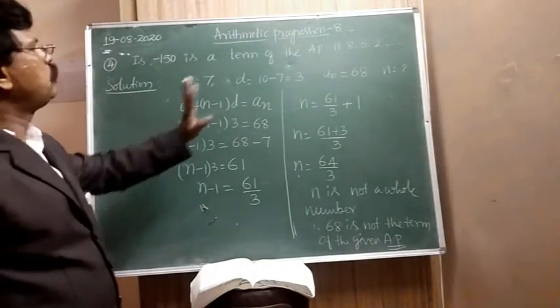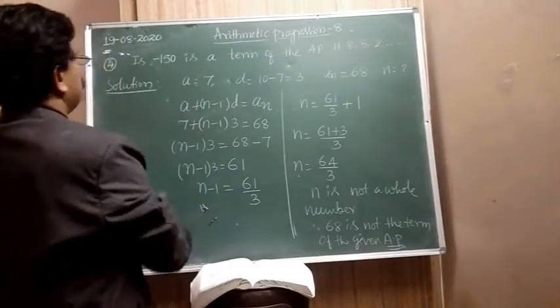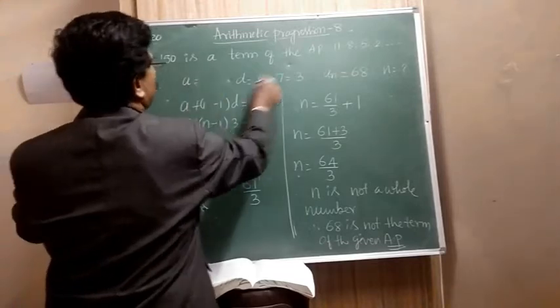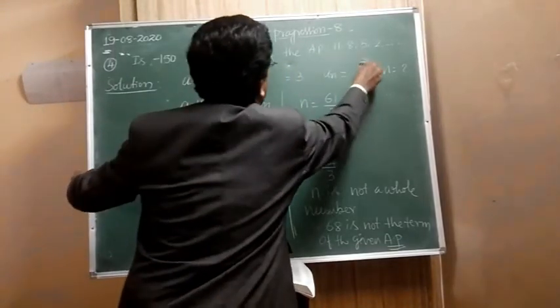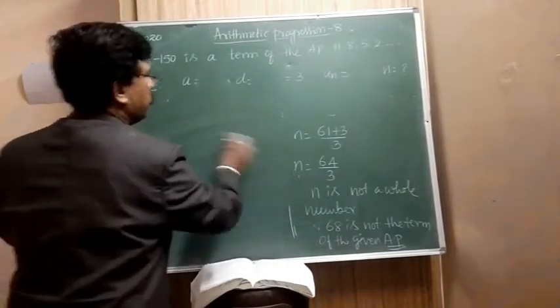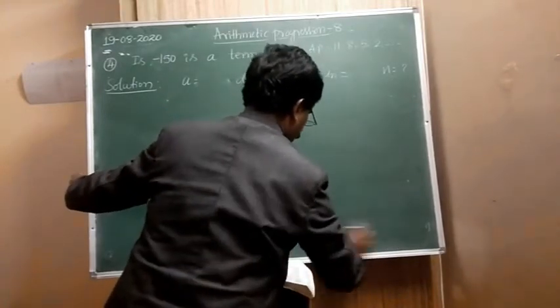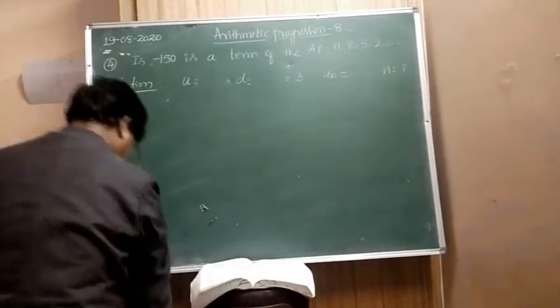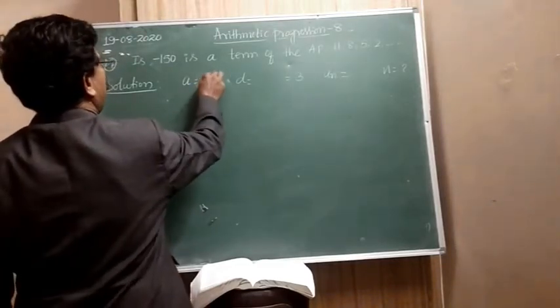Now, same question, same type. So what you can write is, now, what is A? 11.